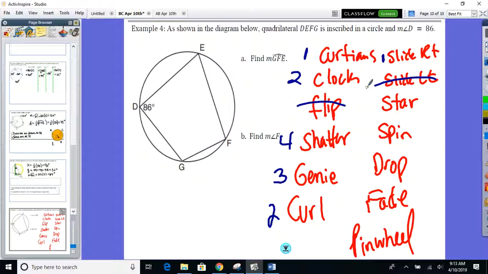Star. Spin. Drop. Fade. Pinwheels. All right, here we go. Promethean man or the star?